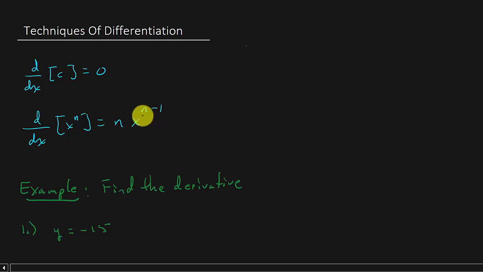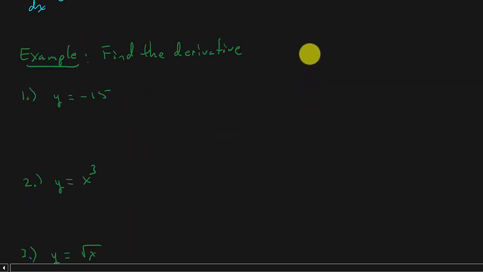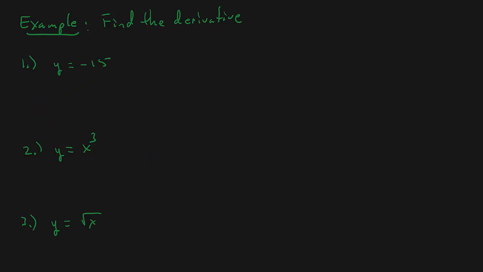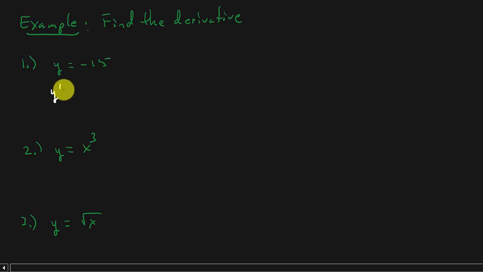All right, so let's look at some examples. So here we've got y prime. Whoop, let me change colors. We've got y prime is equal to, now here we're taking the derivative of a number, so that's just 0. Yeah, it's that easy. All right, let's look at the number 2.